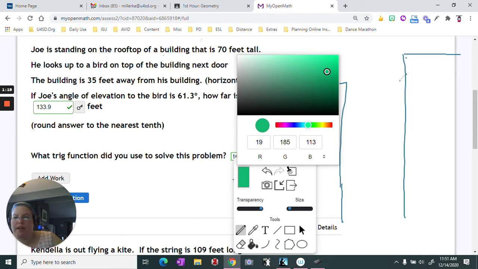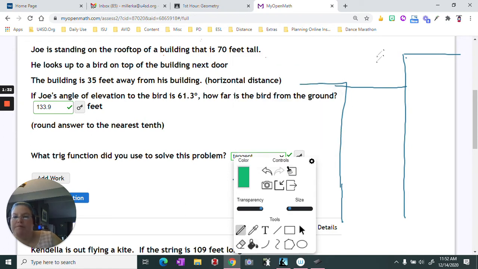So this was 35. Okay, this was our variable right here. And we were also given this angle here was the 61.3 degrees.